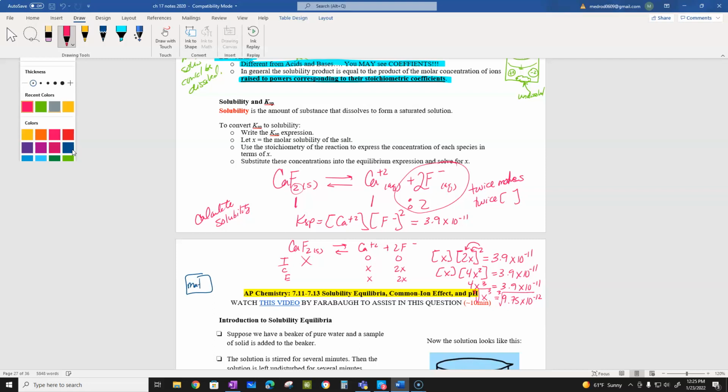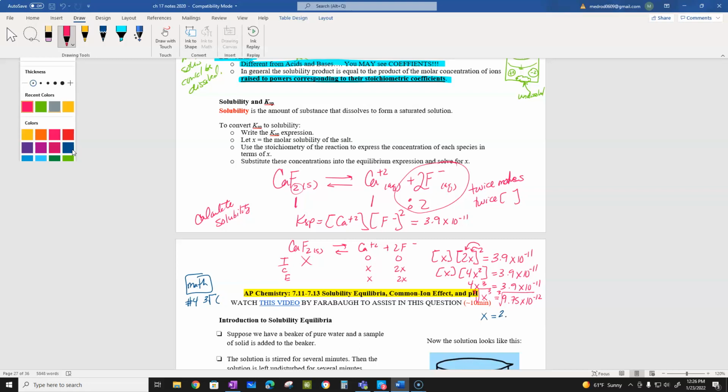Once you hit that button, it should be over there on the left side, because we're going to take the cube root, you should be hitting option number 4. Option number 4 looks like a 3 with a cube root symbol and then parentheses. Once you hit option number 4, it'll automatically come up in the calculator, and then you plug in that 9.75 E button, negative 12. Then x is 2.1.